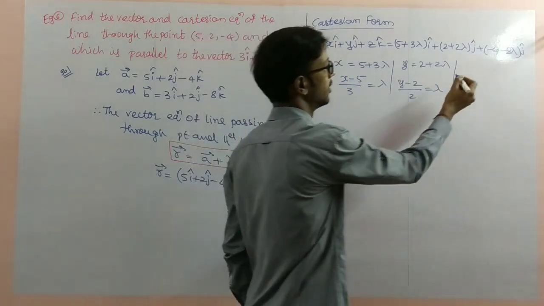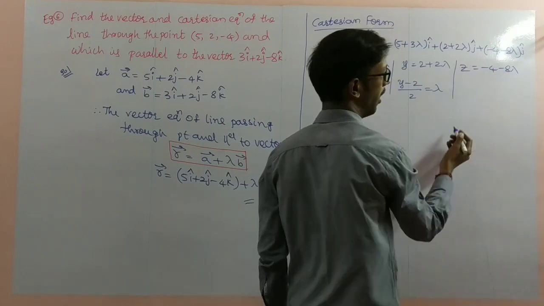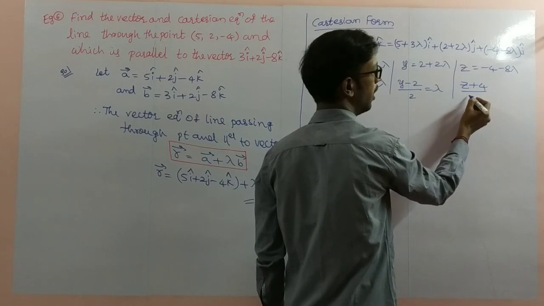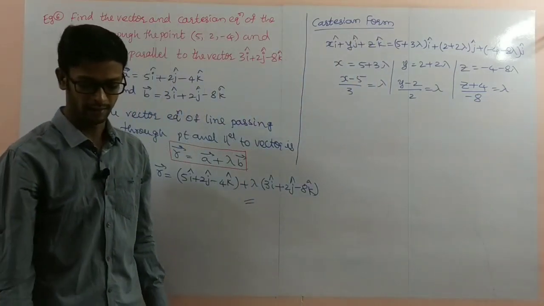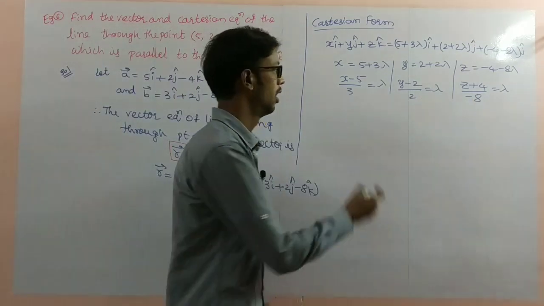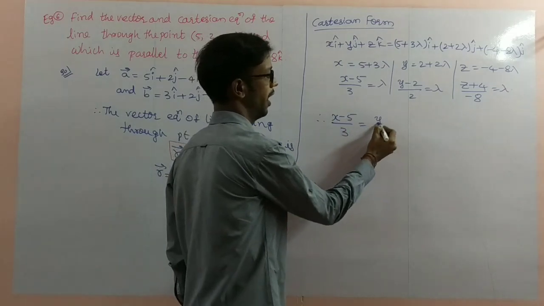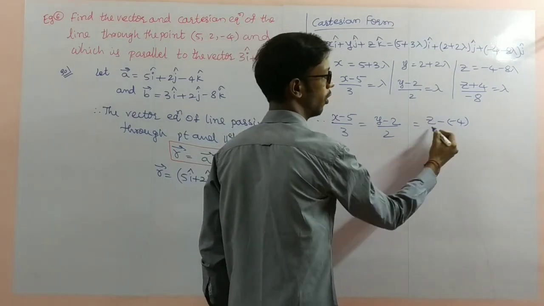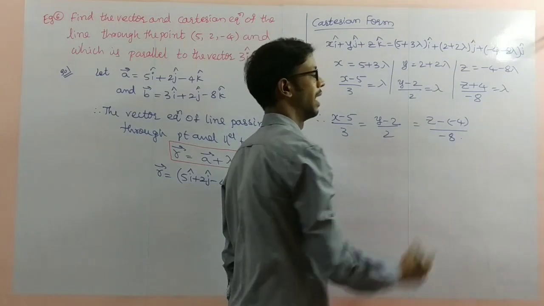Next, z equal to minus 4 minus 8 lambda, so z plus 4 by minus 8 equal to lambda. Therefore x minus 5 by 3 equal to y minus 2 by 2 equal to z minus of minus 4, written as z plus 4, divided by minus 8.